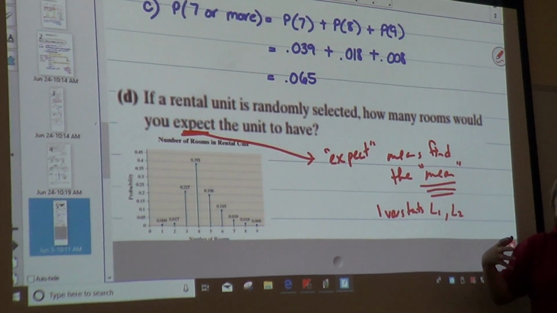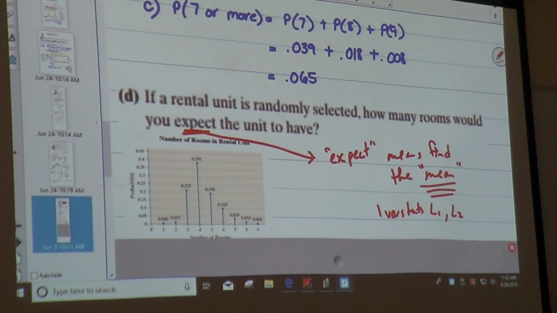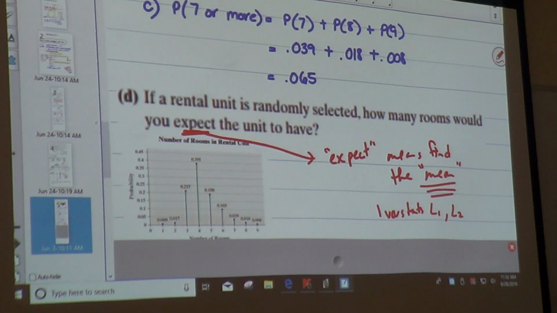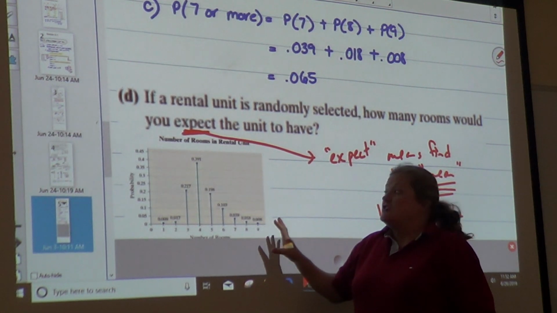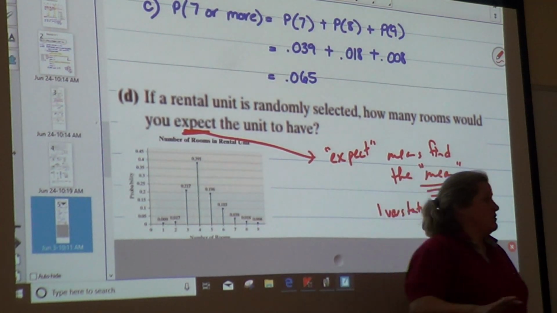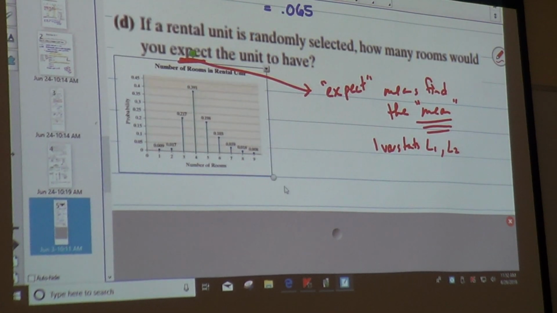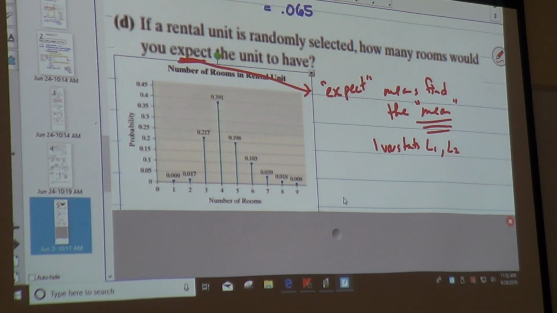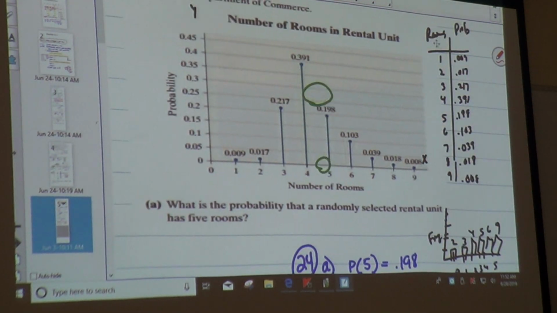So if I say, what would y'all expect to make on the first test? If we got a new student in class, what would we expect them to make? I'm going to average up all your grades on the first test, and that should be what we should expect them to make, the average of the class. So if I'm going to do an expectation, I'm going to get the averages. So the easiest way to do this, though, I know I got it small, is to remember you've got to have it in a probability distribution with your two lists.